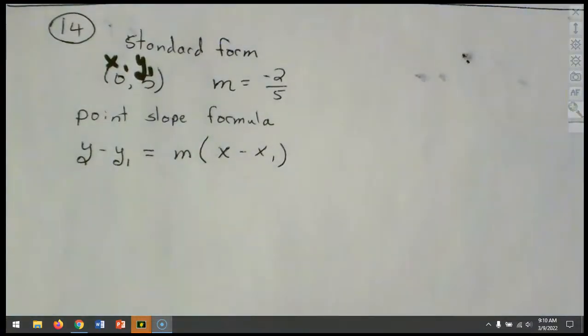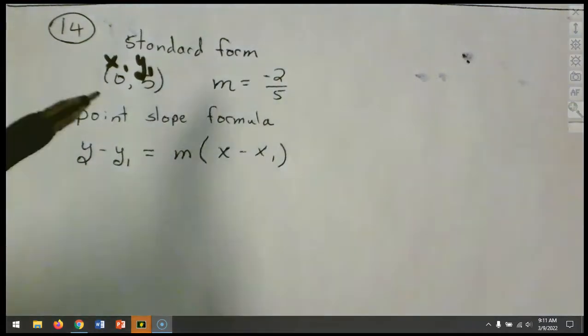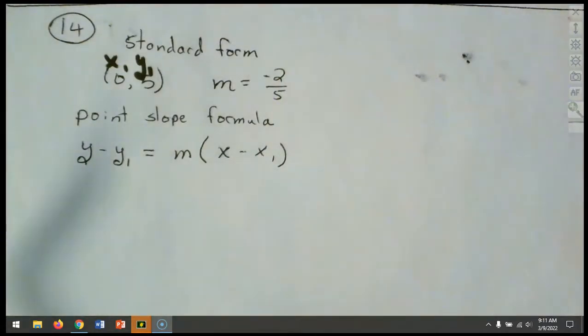I'm going to work through this one a little bit slower because we have to know how to use the point-slope formula to complete this section. So that's the most important part of this section, is how to use the point-slope formula. We've got everything labeled out. Okay, now plug the numbers in. If they have a subscript, they're replaced with a number. If they don't, if they're just a variable, you leave them as they are.